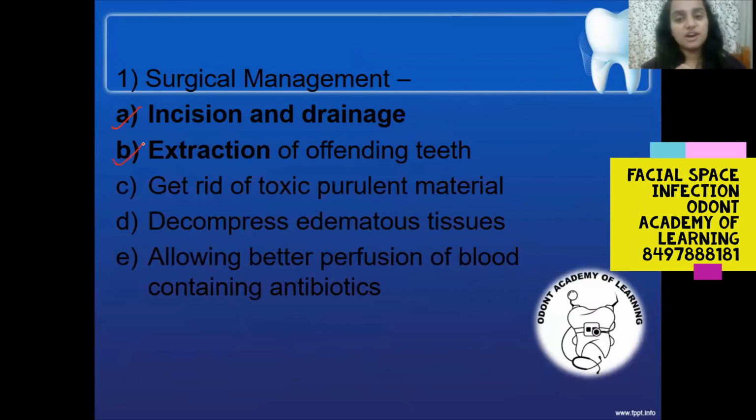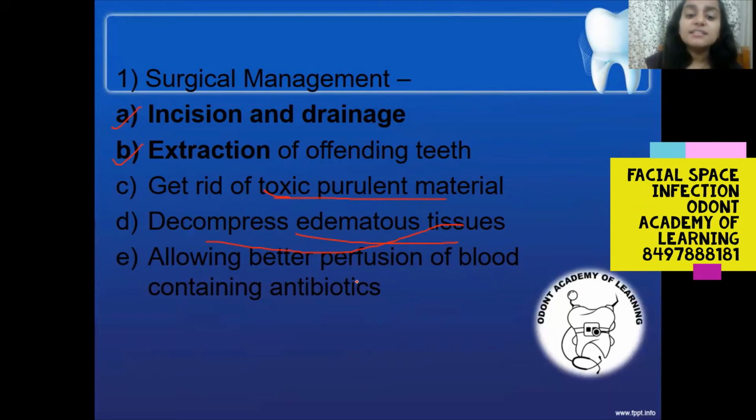So we do extraction. Now, once we drain out the pus or extract the tooth, what happens? First, all the toxic purulent material to a certain extent is removed. When that happens, automatically, if you are removing the pus and the toxic contents, the edema or the swelling because of the fluid which was there, the fluid is out, so swelling will automatically reduce.